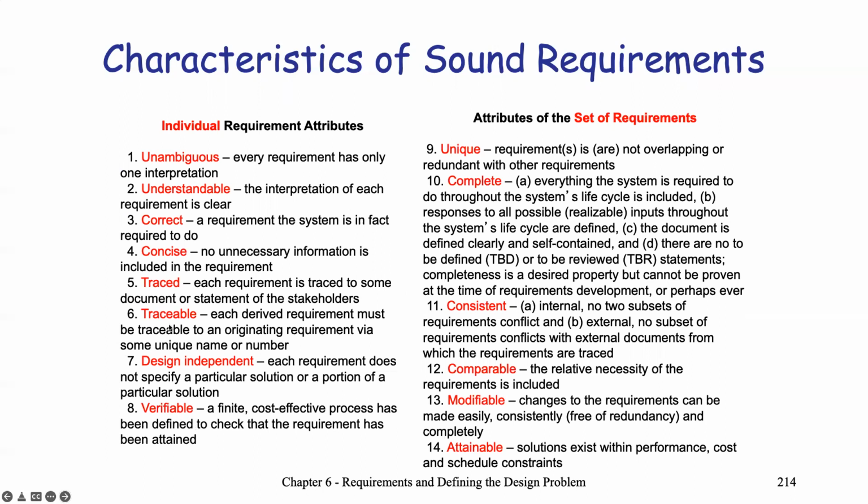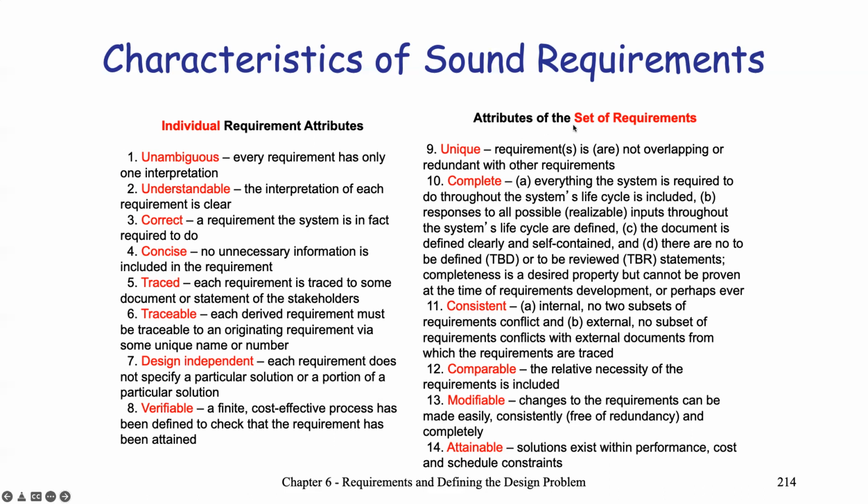Here you're looking at a single individual requirement. You want it to be clear, with no overlapping requirements, as short as possible, but correct and understandable to all the parties that are going to have to play it out.